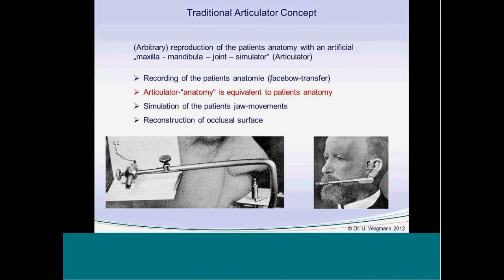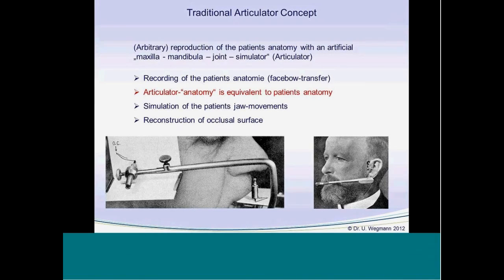And then we transfer this anatomy to some artificial joint or artificial jaws. That means we only transfer anatomy, anatomical distances, reference planes, and so on. And then we say, if the articulator anatomy is equivalent to the patient's anatomy, the articulator will do the same as the patient. We say it, or better to say, we hope it.